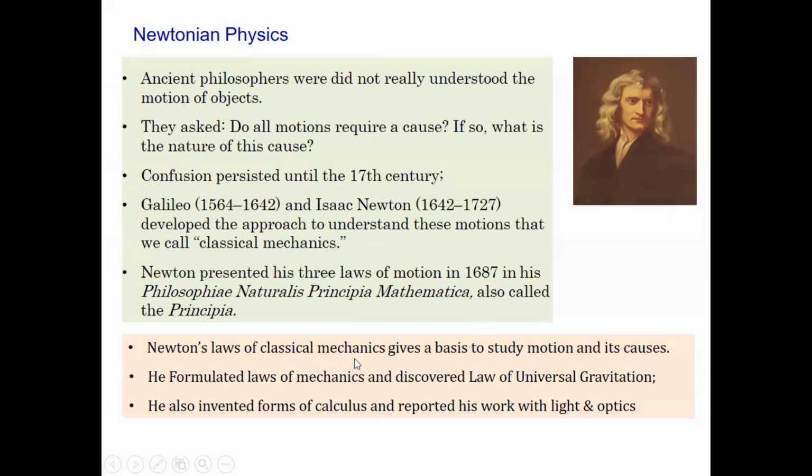Newton is also famous for spelling out classical mechanics, which formed the basis to study all types of motions and forces and the results of forces. He formulated laws of mechanics that also led to the discovery of the law of universal gravitation. He also invented forms of calculus and reported his work on light and optics.